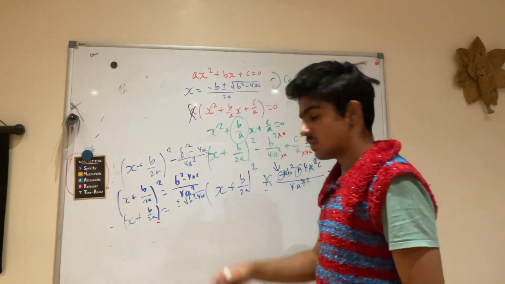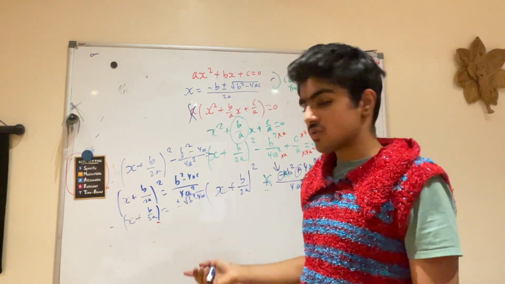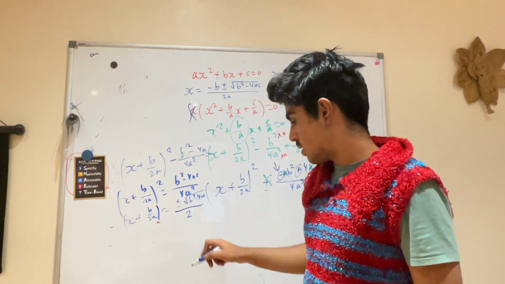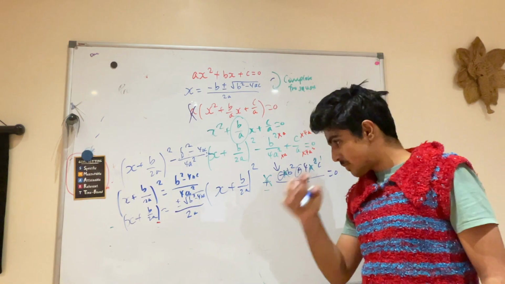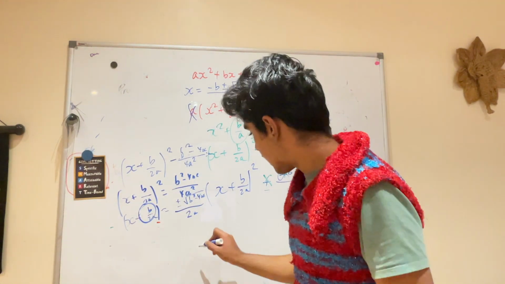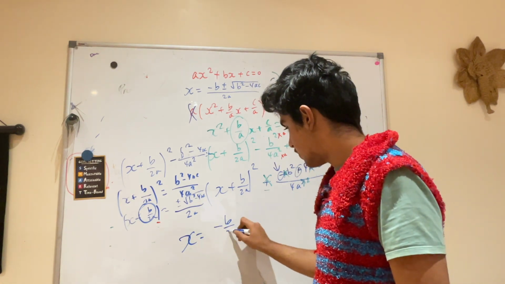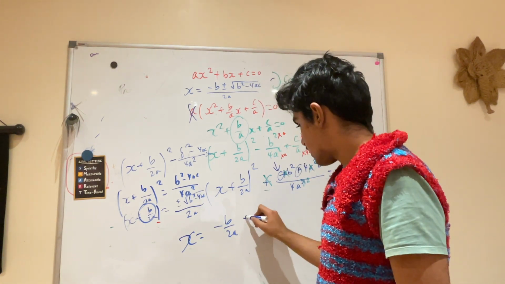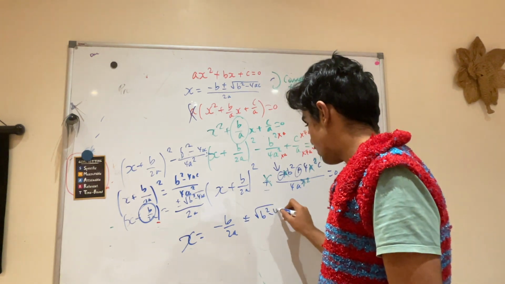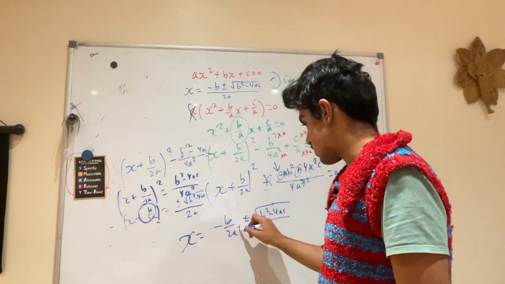That was very important, you don't miss out the plus or minus. And we can just take the square root of the denominator, no need to put the plus or minus there. We get 2a. We just need to subtract this from both sides. We get x equals minus b over 2a plus or minus square root of b squared minus 4ac all over 2a.